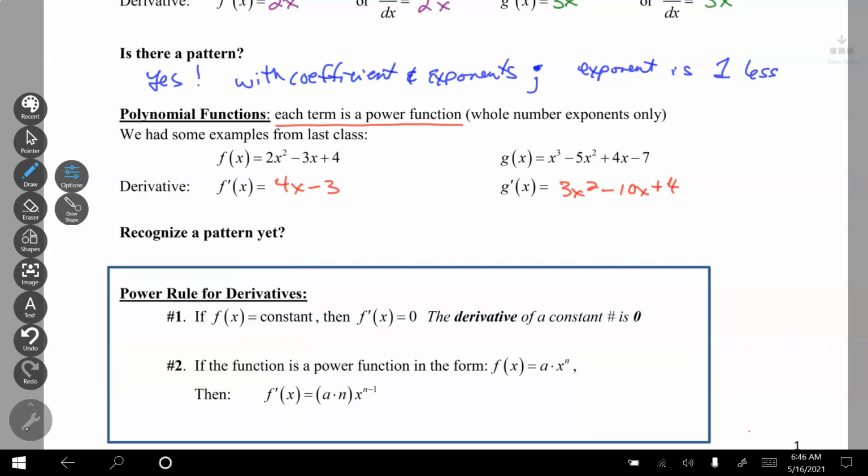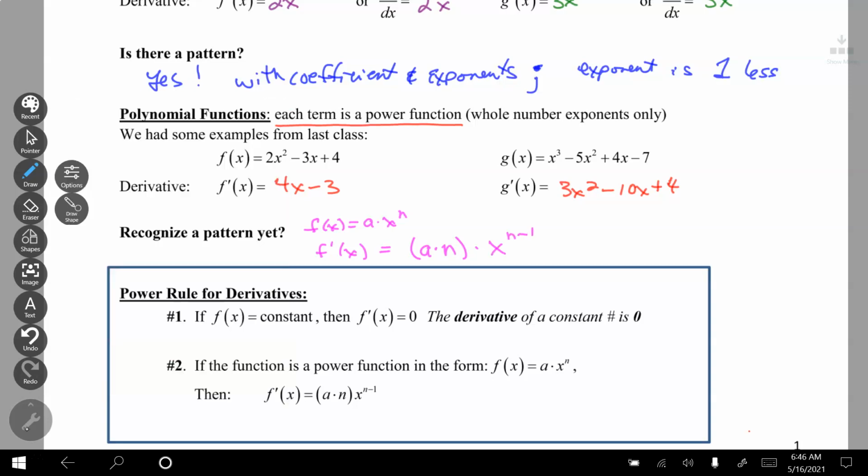The pattern is, if I have a function, if f of x is equal to a times x to the n, well, then its derivative is going to be a times n times x to the n minus 1.